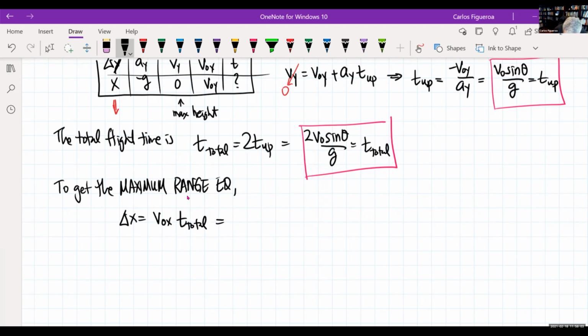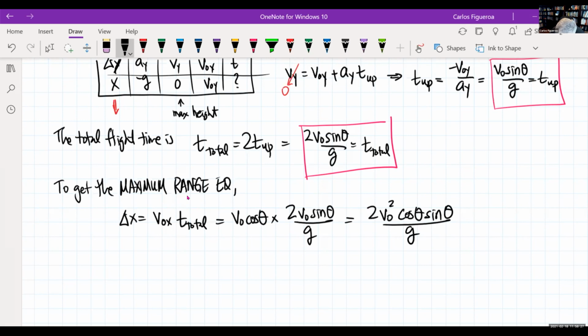But we know that this must be v initial cosine of theta times the total time divided by g. And so this relationship reads, of course, 2 v naught squared cosine theta sine theta divided by g. And this is what's known as the range equation, as they write it this way.